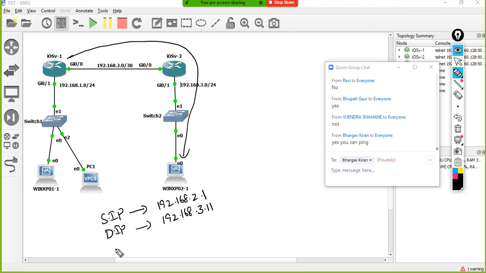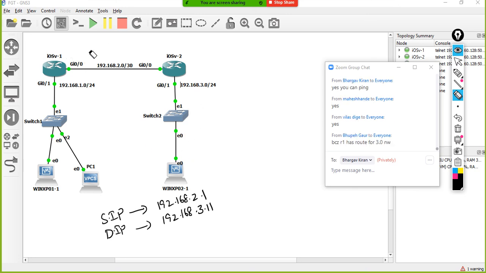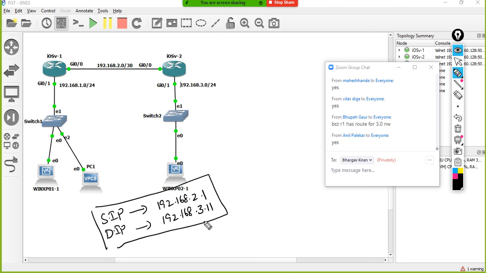Guys, first of all, whether you understand or not, just go with the logic, man. That's it. Nobody will kill you or anything. Just try to figure it out, try to understand it. That's very important. So, first of all, the source IP is 2.1. The destination IP is 3.11. So now what will the router do? Before it forwards, it will check the routing table. Does router 1 have the route for the 192.168.3 network?